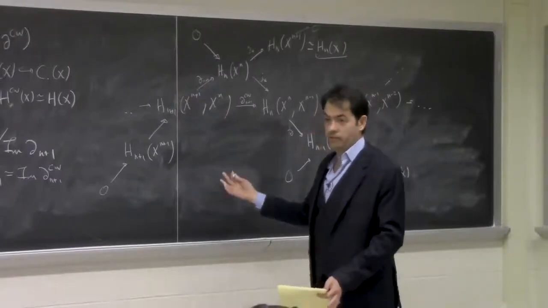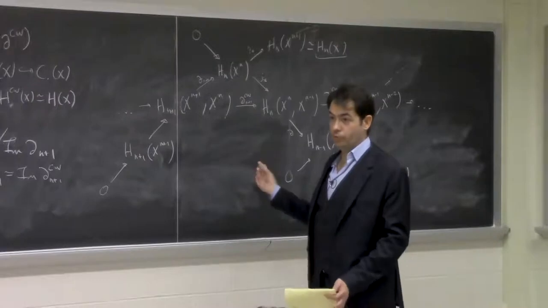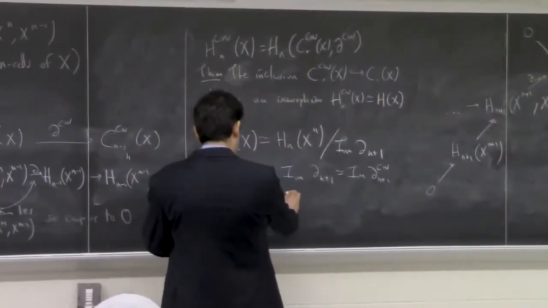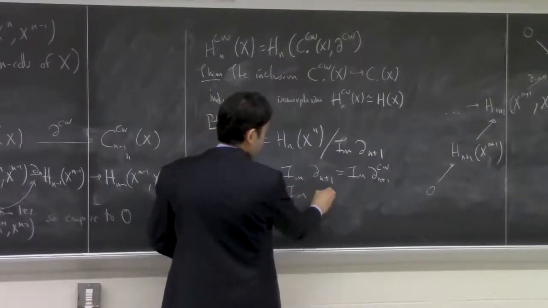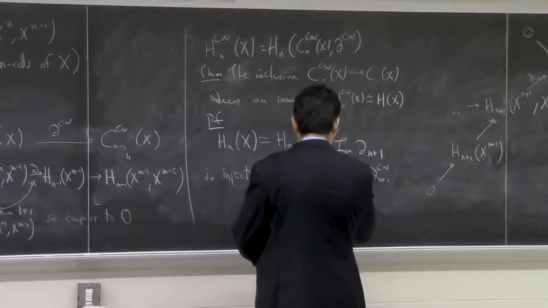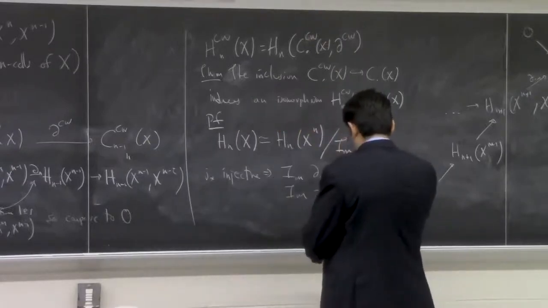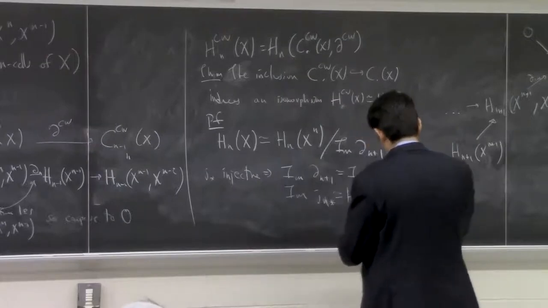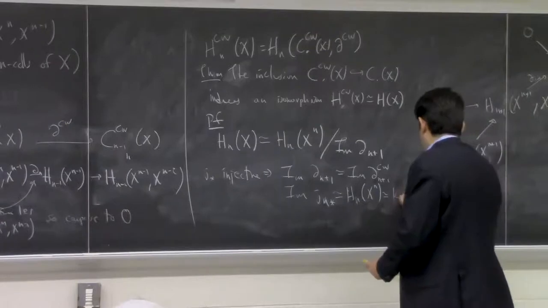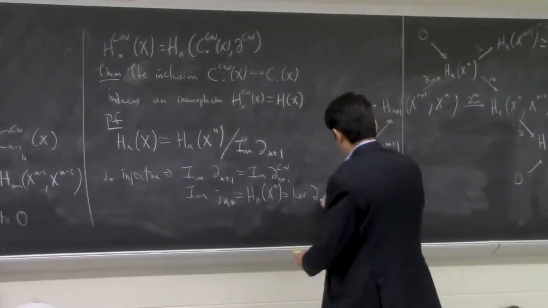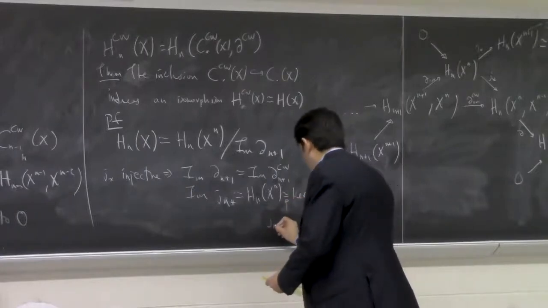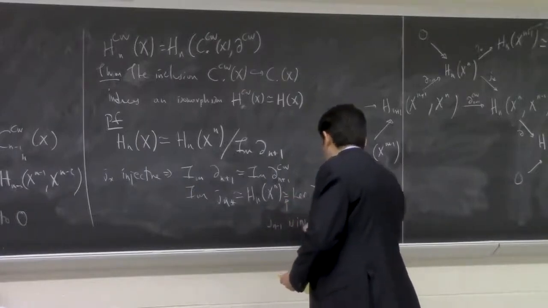Well, they're isomorphic. They're not the same because they live in different groups. On the other hand, the image of Jn star is Hn xn, which is the kernel. Here we're using that Jn minus 1 is injective.